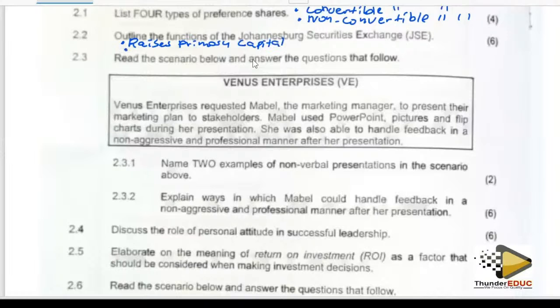And then secondly, provides protection for investors.